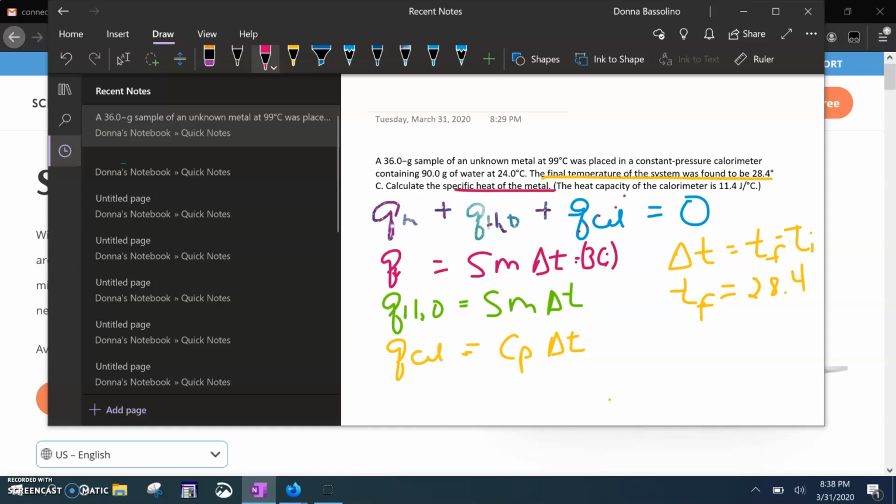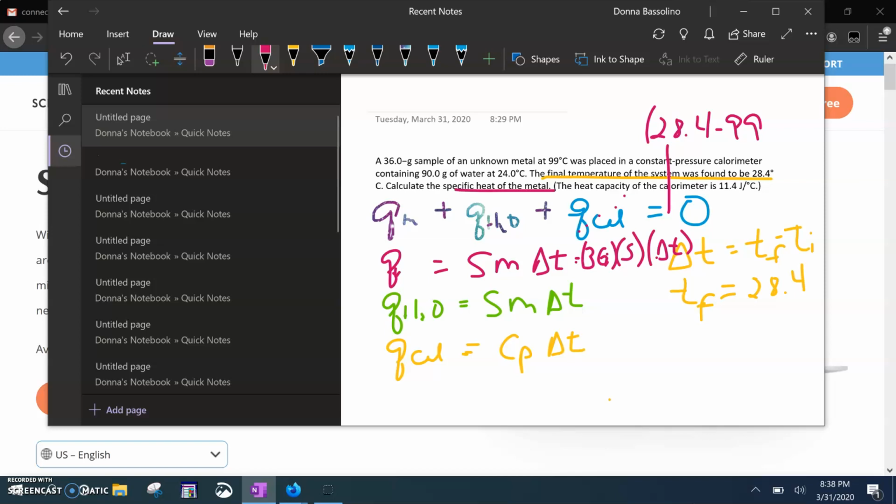This is what you're looking for. You're looking for S. So it's 36 times S times delta T. And in this case, delta T is 99 minus 28.4, but 28.4 is final. So for this case, delta T is 28.4 minus the 99. So that's going to give you a negative number.